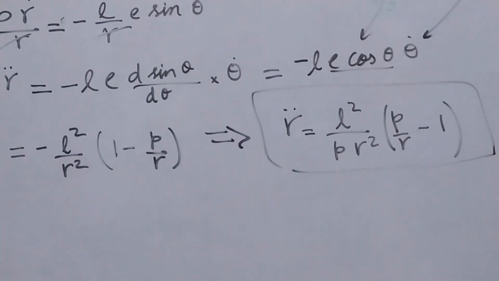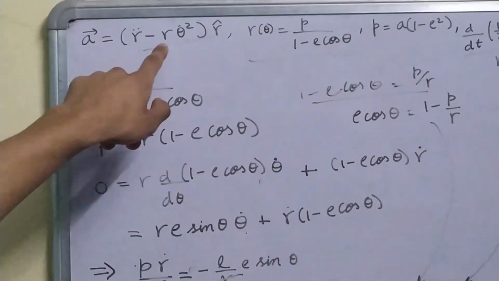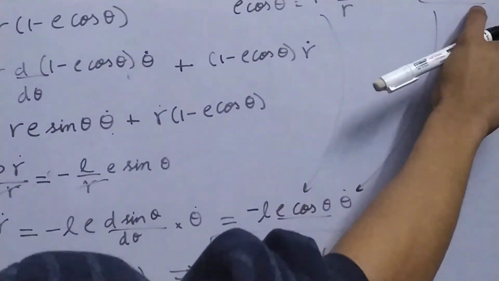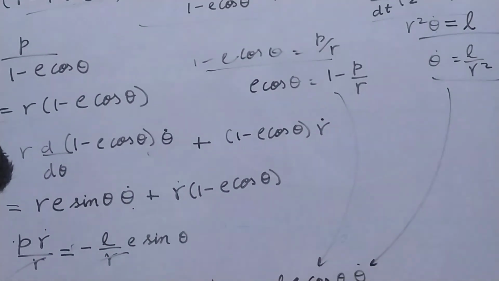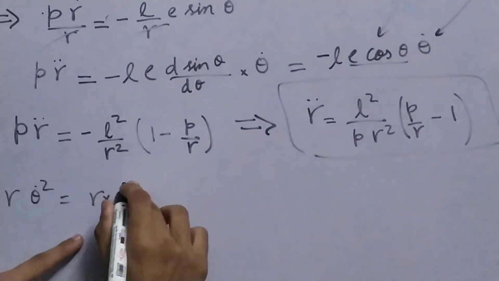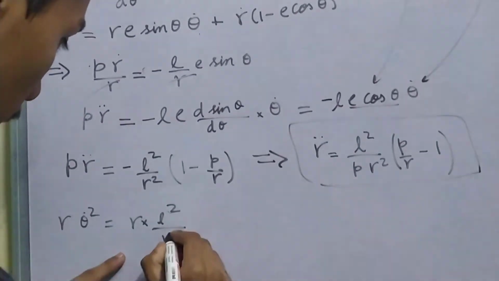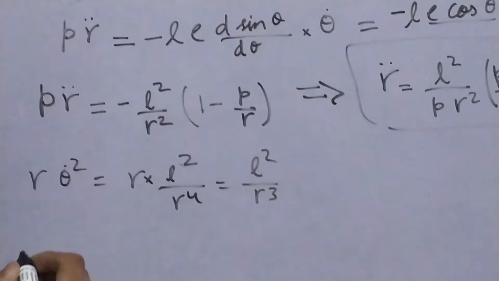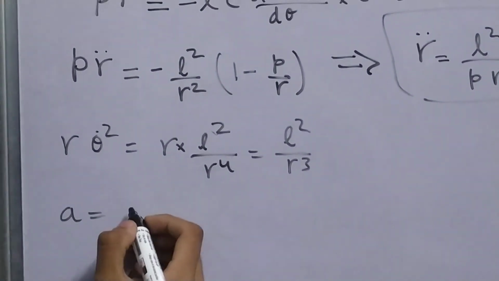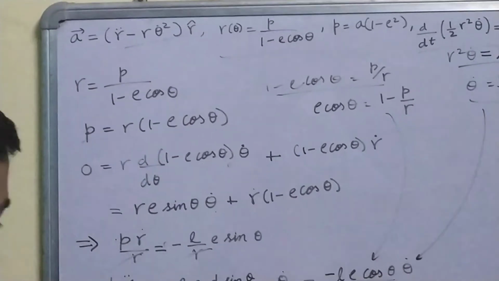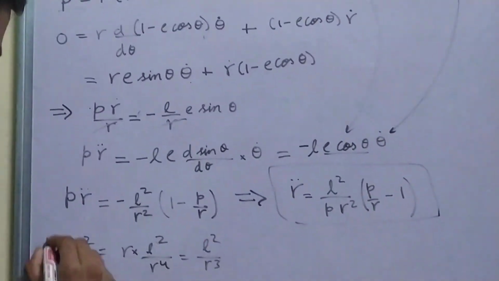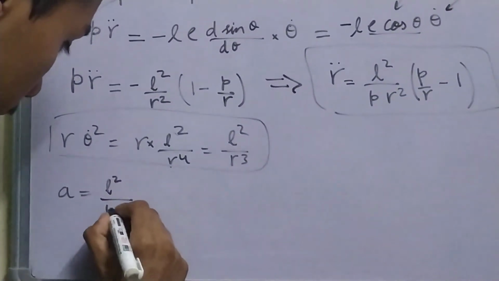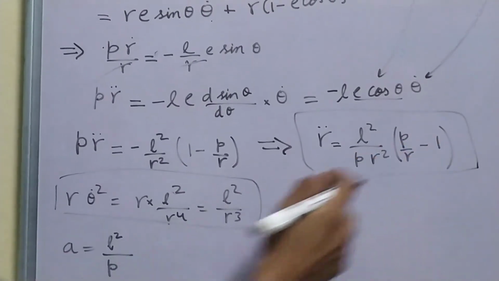This is our formula for r double dot. Okay, and we need to just evaluate this thing, and this thing is very easy. Okay, r theta dot square. Theta dot is again L upon r square. So L times L square upon r to the power 4, L square upon r cube. Now your acceleration is this term r double dot minus r theta dot square. So r double dot, this thing minus this one, it is L square upon p, and I am opening this right here.